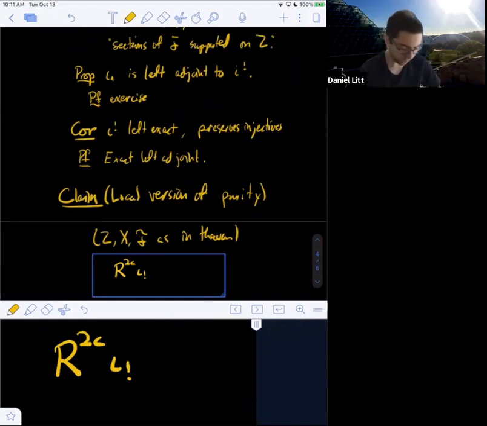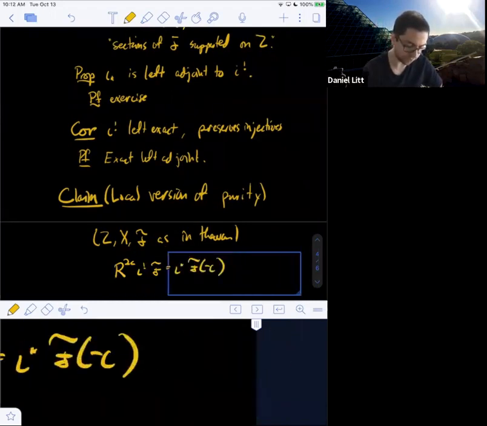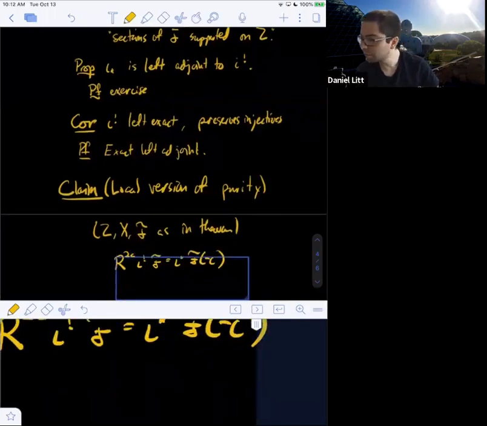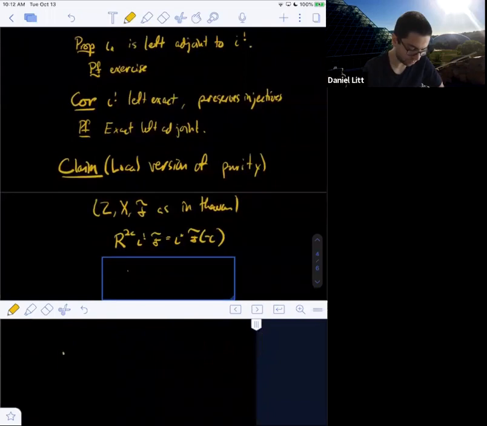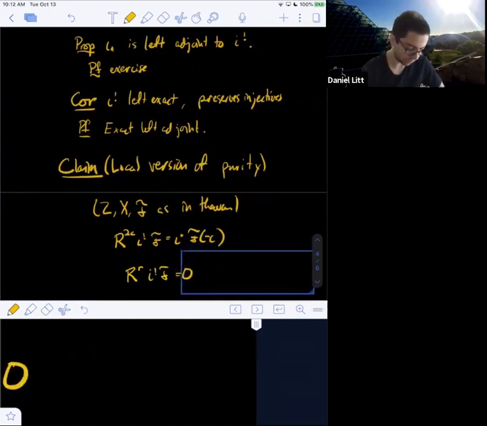If you take the 2c right derived functor of ι upper shriek and apply it to F, then this is going to be equal to ι upper star of F twisted by minus c, and moreover, if you take the other derived functors of F, these are going to be 0 for r not equal to 2c.